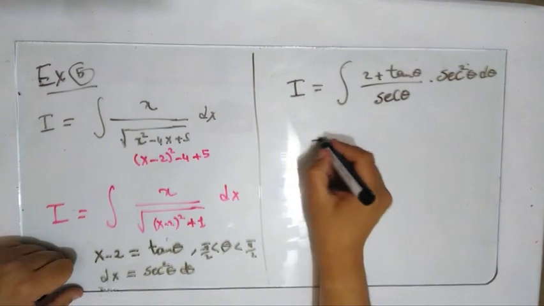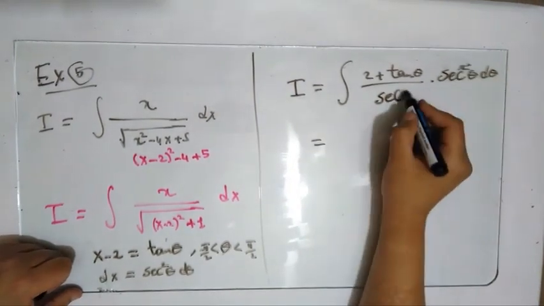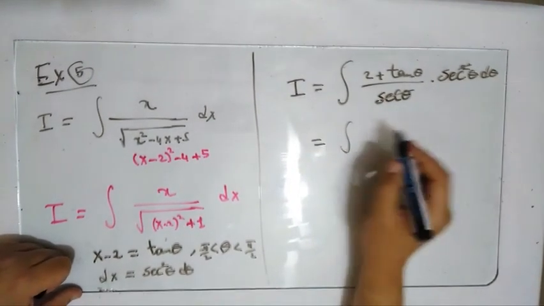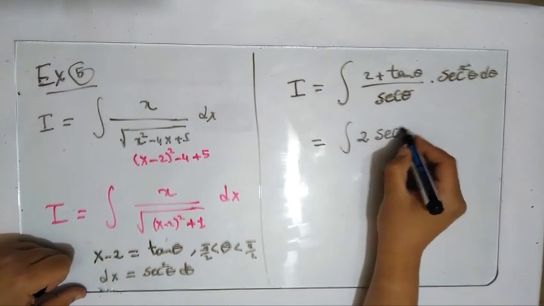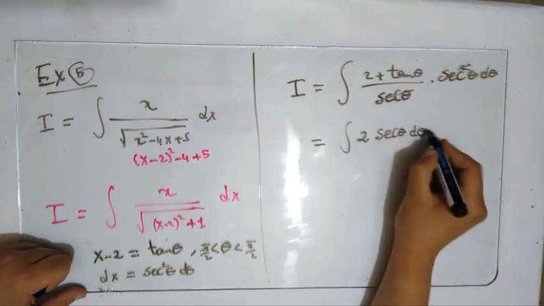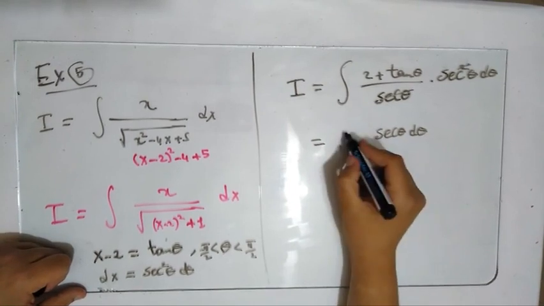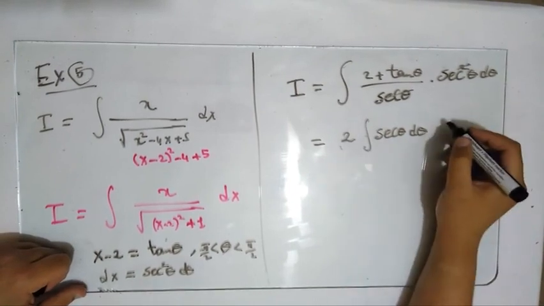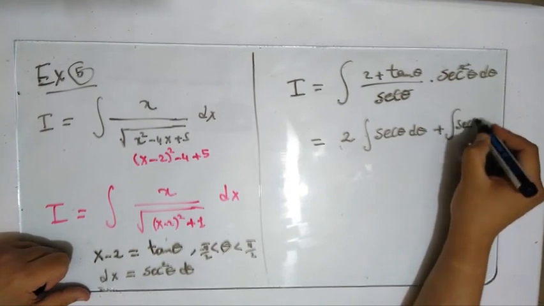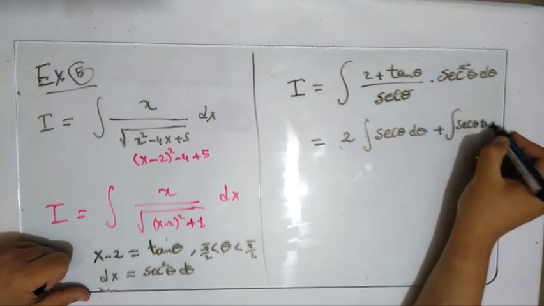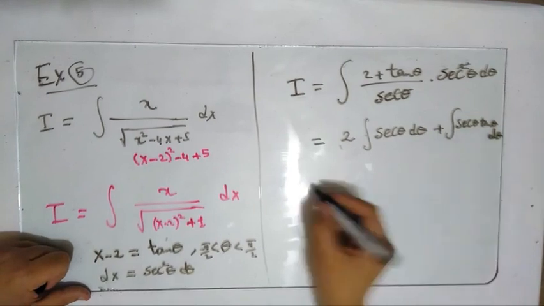So after simplification you just want to evaluate the integration of 2 sec theta d theta, or 2 times the integration of sec theta d theta plus the integration of sec theta tan theta d theta.